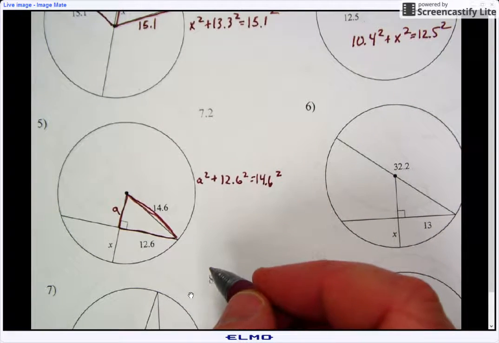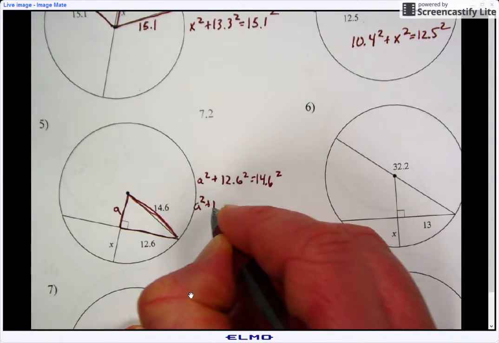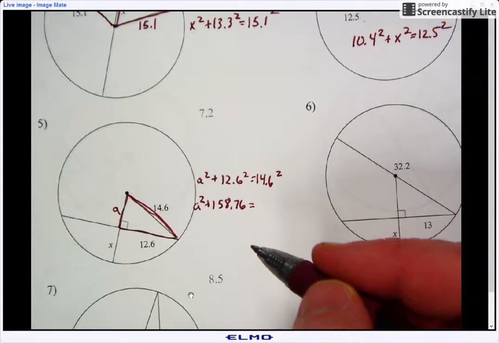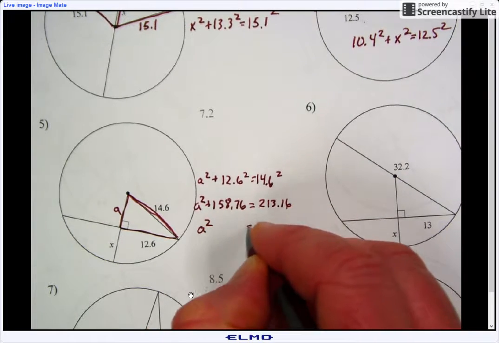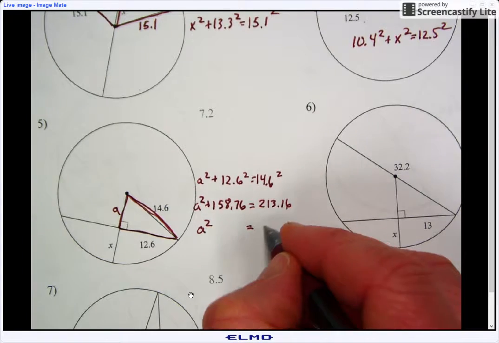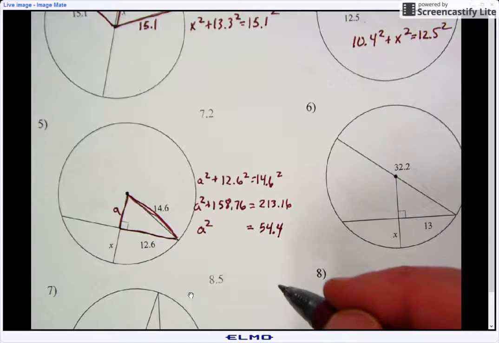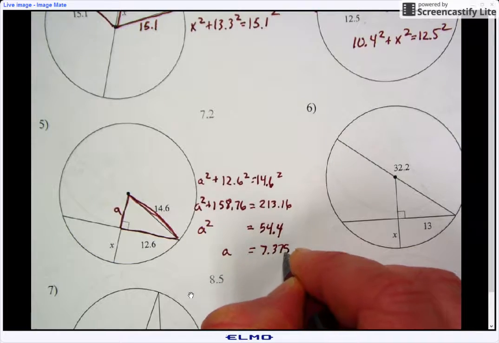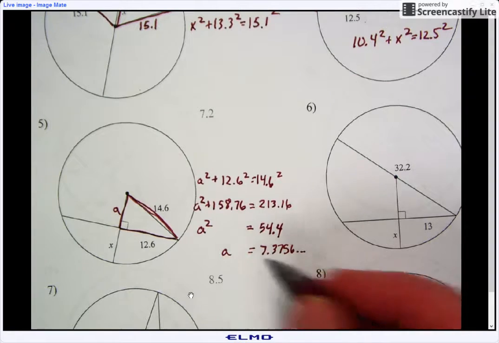So do your regular Pythagorean theorem. 12.6 squared is 158.76. 14.6 squared, 213.16. A squared equals 54.4. A equals 7.3756. So basically 7.4.